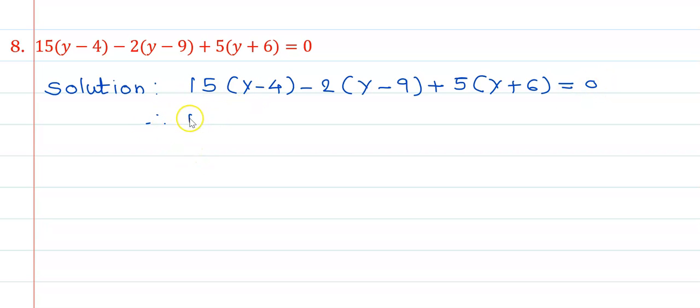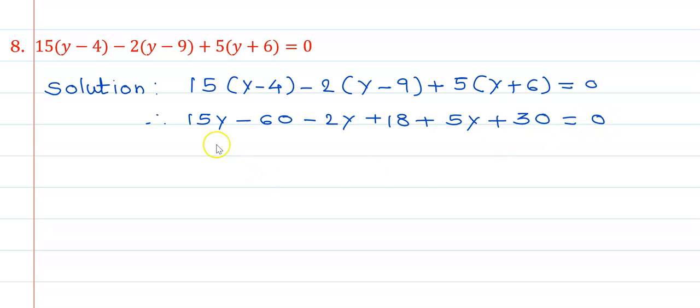Therefore 15 into y, you will get 15y, 15 into 4 is 60, minus 2 into y, minus 2y, minus 2 into 9, 18, 5 into y, 5y, 5 into 6, that is 30.